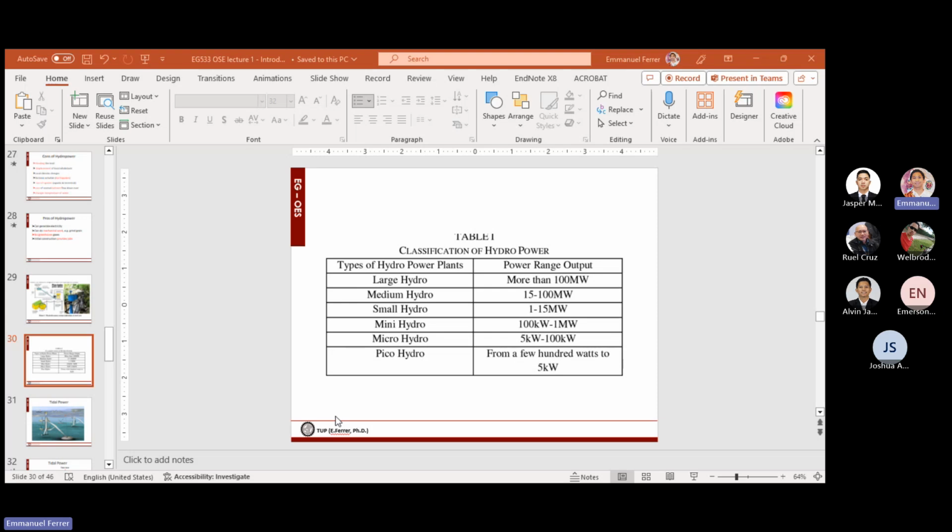BPSU lang po, sir. Bataan Peninsula State University. Okay, so nasa project development ka pala. Hindi ka nagtuturo rin. Dati po nagtuturo, pero nagpalit po kasi ng university president, kaya nalipat po ako sa infrastructure.